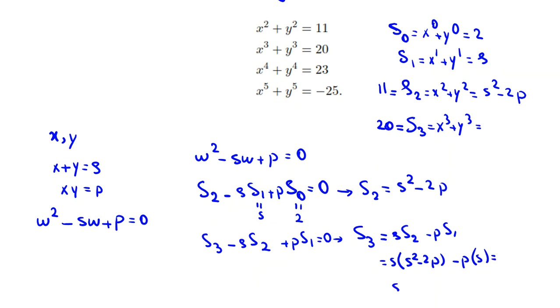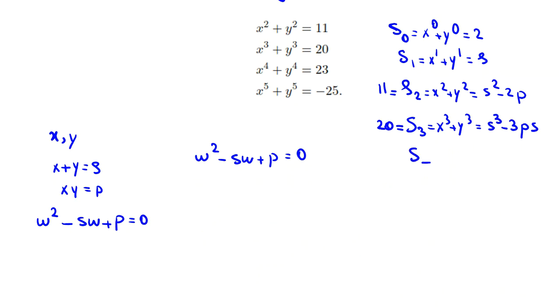So it will be s cubed minus 2ps minus ps, which is s cubed minus 3ps. So let me replace it, s cubed minus 3ps. Let me erase these things.